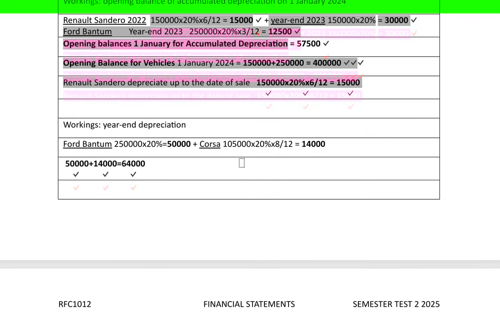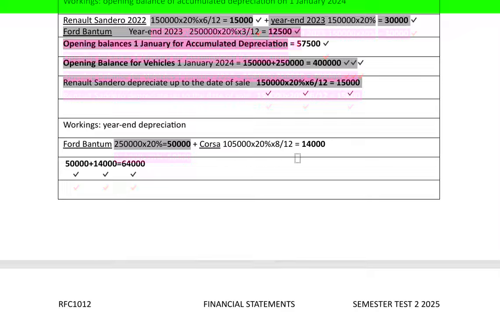So the cars that we still have in our asset register was the Ford. We've got rid of the Renault Sandero, and we have the Ford for a full year. We're depreciating now for a full year. 250,000 times 20% is 50,000.